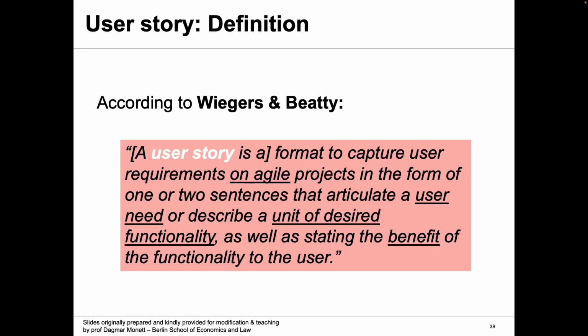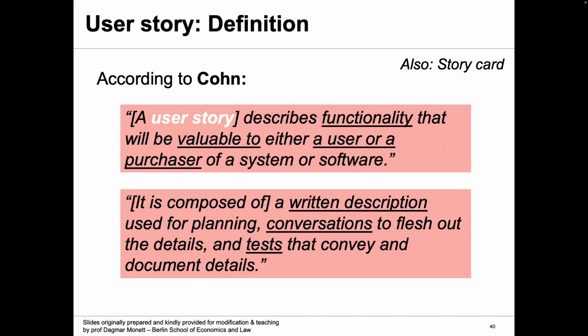Why does the user want it, what's the benefit that the user is going to get from fulfilling that functionality? So what happens in a user story is that we write this 1 or 2 line simple description, and then we come out with conversations.